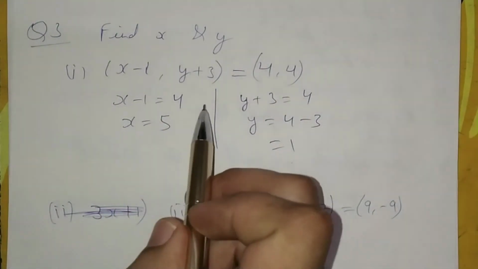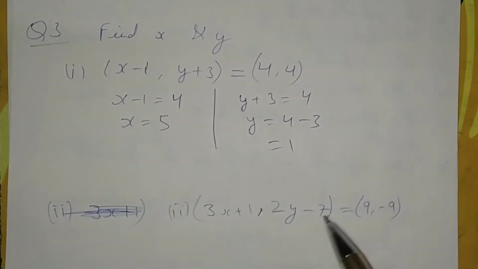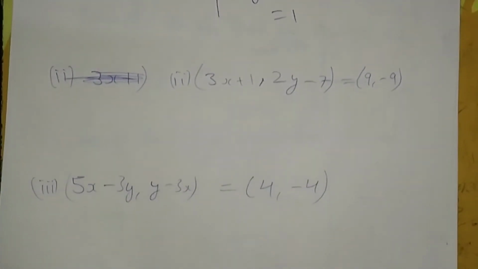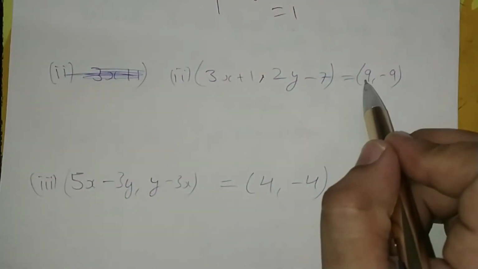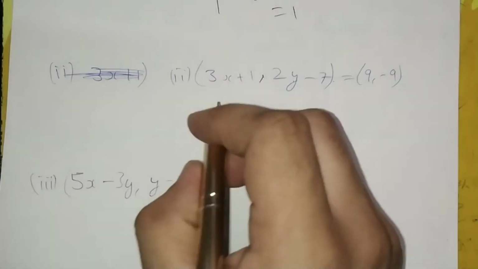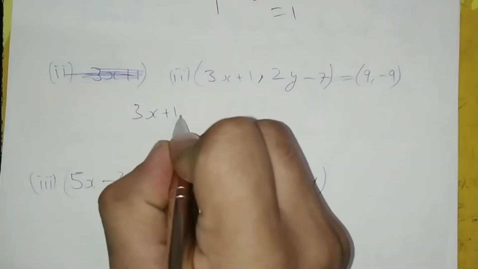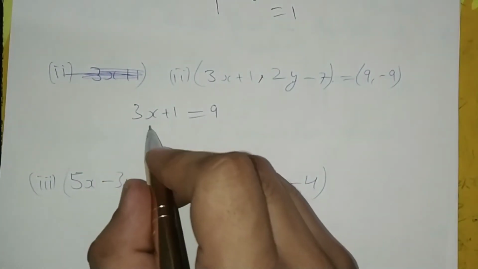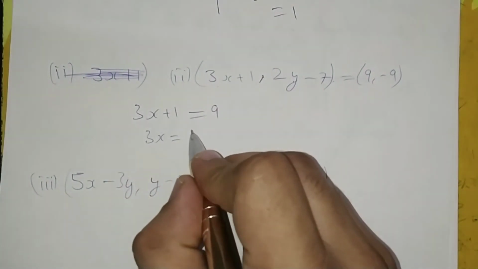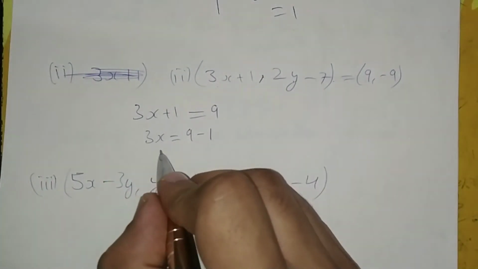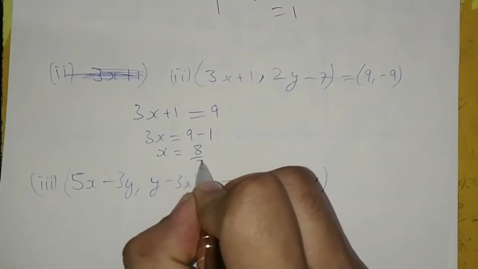Very easy I guess. Same way 3x plus 1 equal to 9, 2y minus 7 equal to minus 9. 3x plus 1 is equal to 9. So 3x equals 9 minus 1, x is equal to 8 by 3.